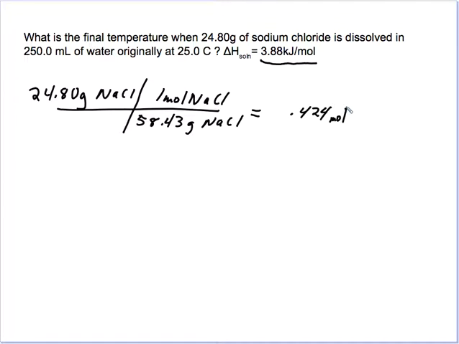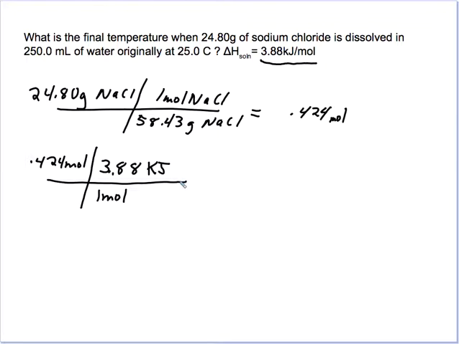Okay, now the next thing is we're going to use this enthalpy of solution to figure out how many joules this is going to release. All right, so we're going to take this 0.424 moles and we're going to say it's going to absorb, I might have said release earlier, but it's going to absorb 3.88 kilojoules for every 1 mole that's dissolved.